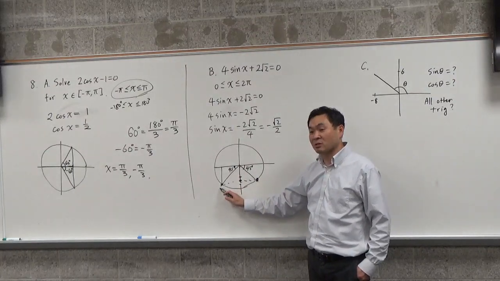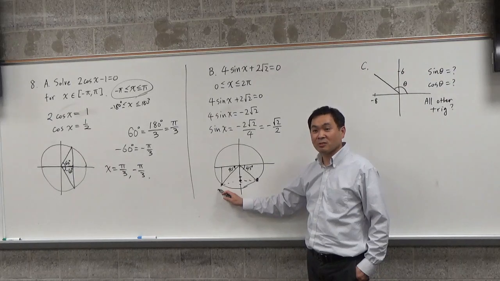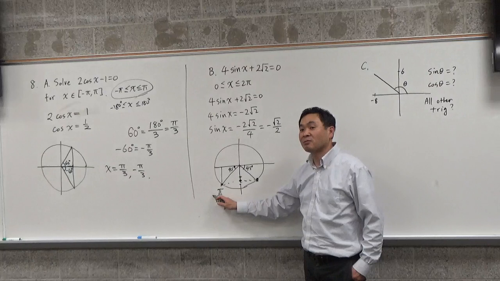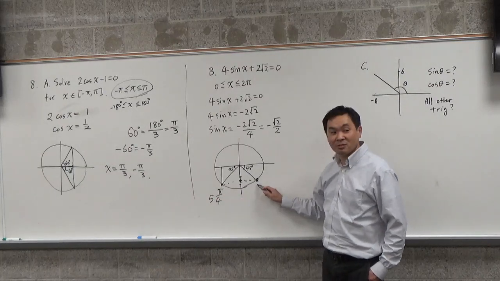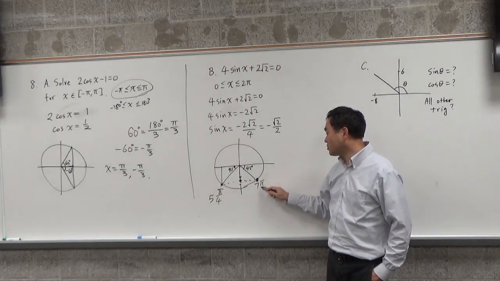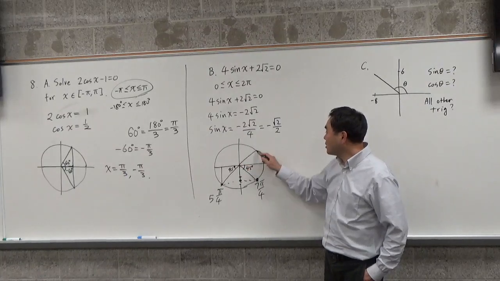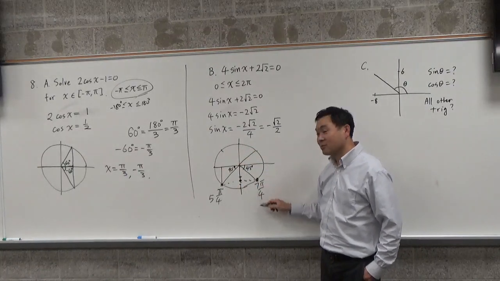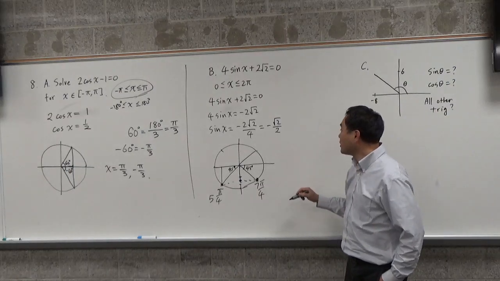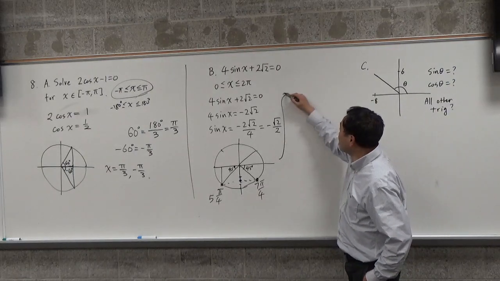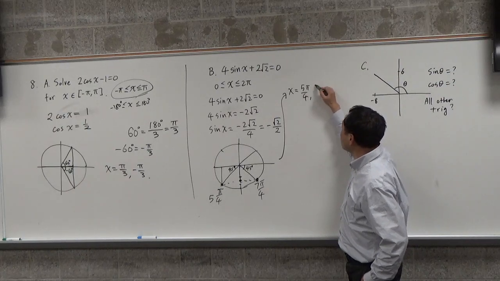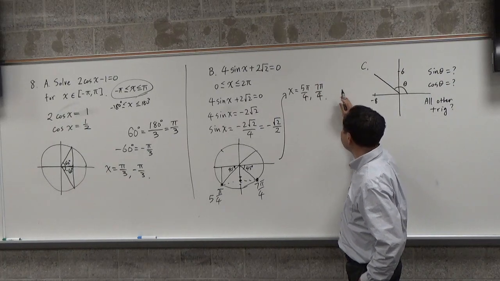What is this in terms of radians? Something pi over 4. It is. It's one of the pi over 4 family, but what is it? 5 pi over 4. Good. And this is 7 pi over 4. Right? Because it's like 1, 2, 3, 4, 5, right? And 6 and 7. Okay, so now the answer is clear. x equals 5 pi over 4 and 7 pi over 4.